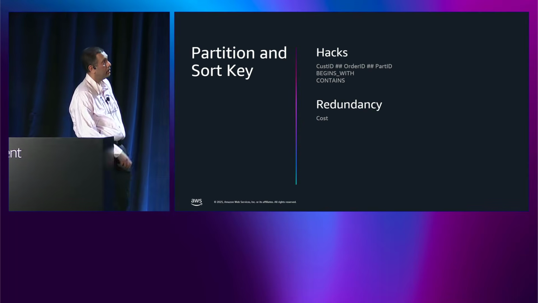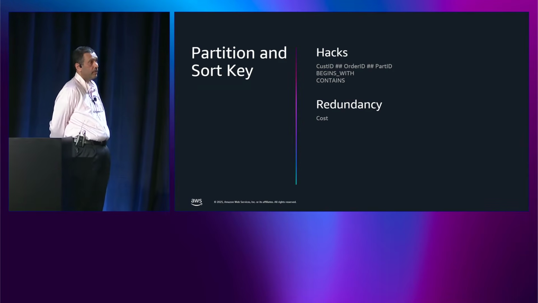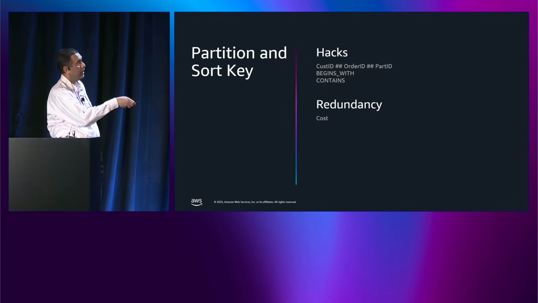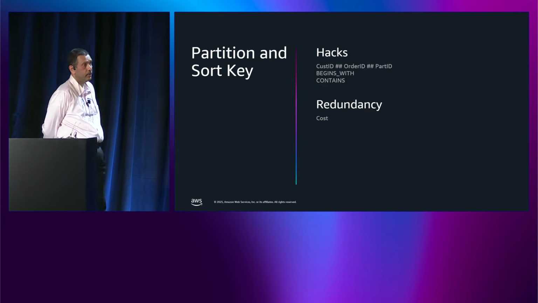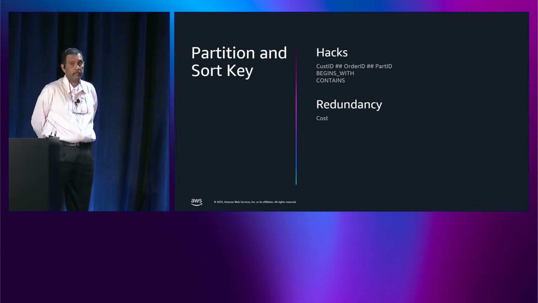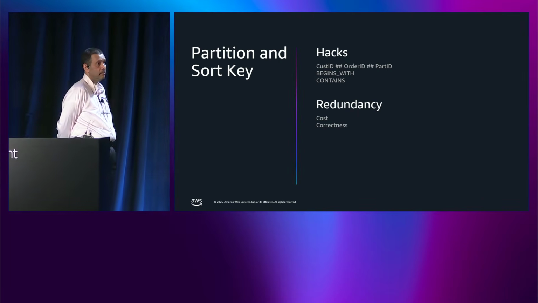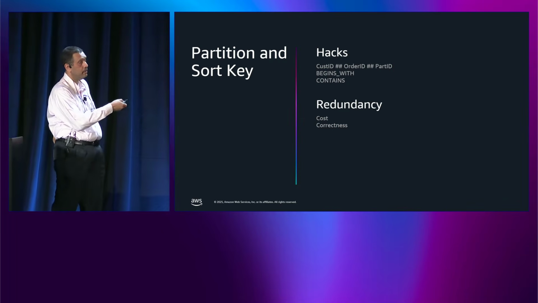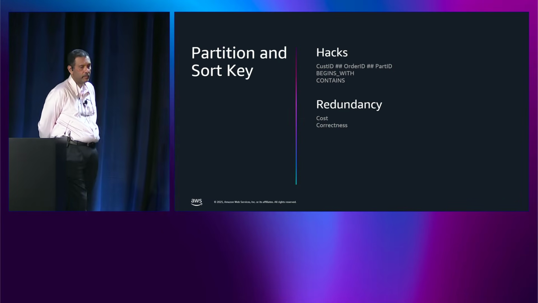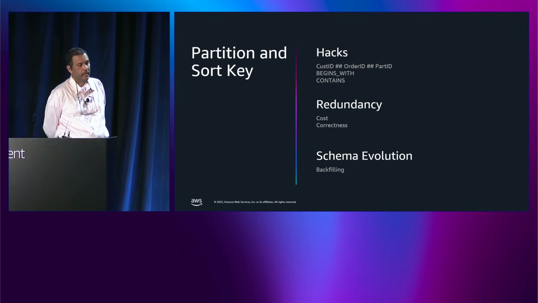And also, if you want to have the customer ID in the key and you want to store it as an attribute unto itself, there's a problem. You're paying twice for the storage, and the two of them can get out of sync. The problem with redundancy is always you could have conflict between it. There's correctness issues.